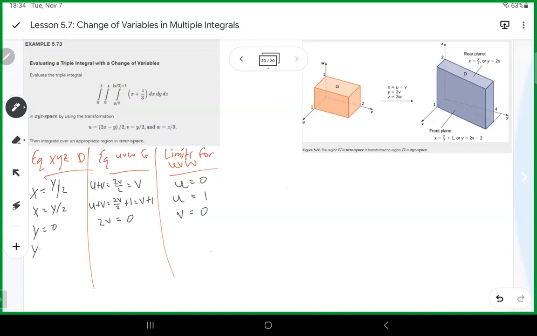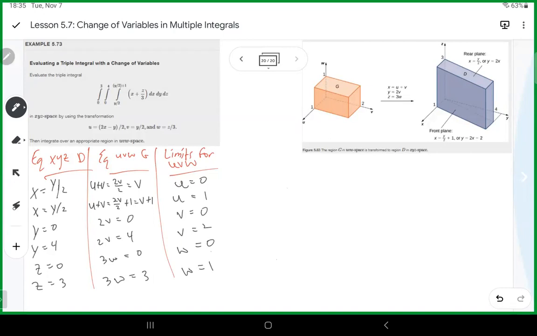We have y equal to 4, which is 2v equal to 4, which is v equal to 2. We have z equal to 0, which is 3w equal to 0, which is w equals 0. And then we have z equal to 3, 3w equal to 3, which is w equal to 1.